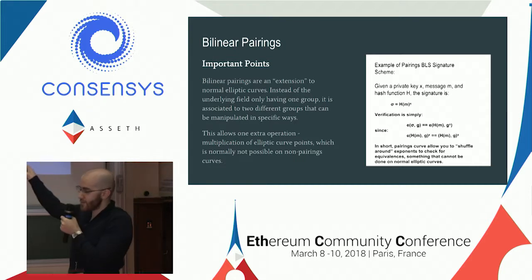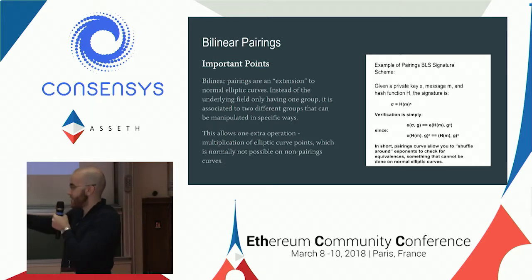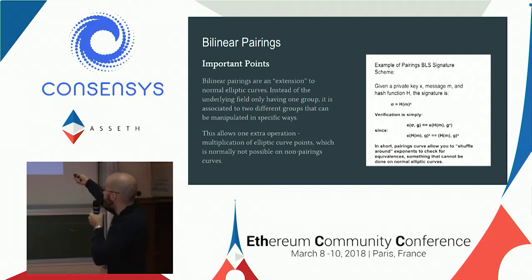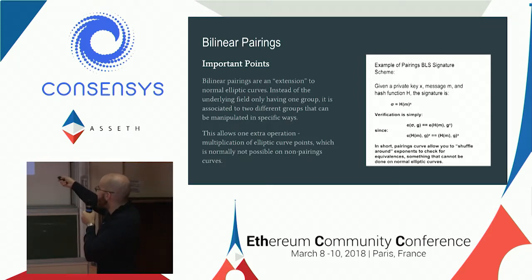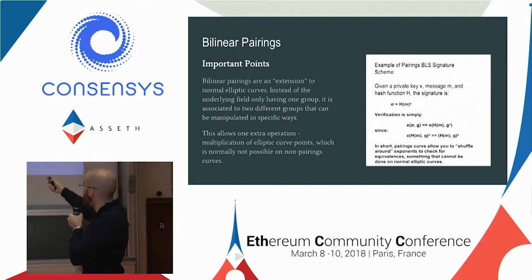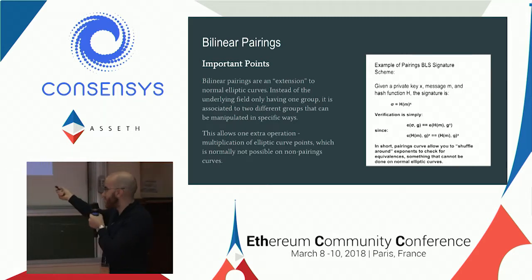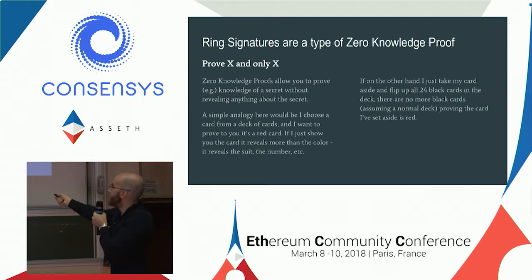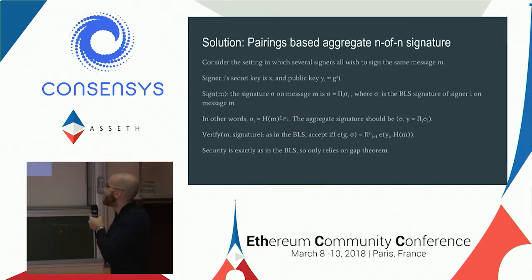So our signature is the BLS signature, not the Schnorr signature. And remember these properties where I can shuffle the exponents out of the parentheses, to do simple computation shortcuts and check equivalences.